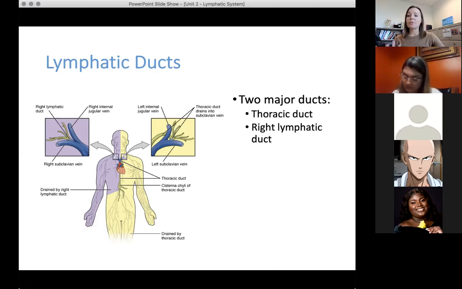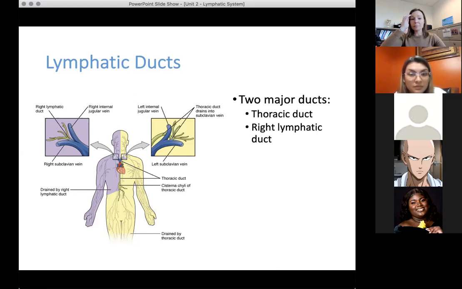When we say upper left quadrant, it's just referring to the upper left portion of the body. So it's like the left side of the head, left side of the neck, left side of the shoulder and the chest. And then all of the areas below the diaphragm, which is right underneath the lungs and the rib cage. So the whole lower half of the body. Lymph coming from all those areas is going into this duct.